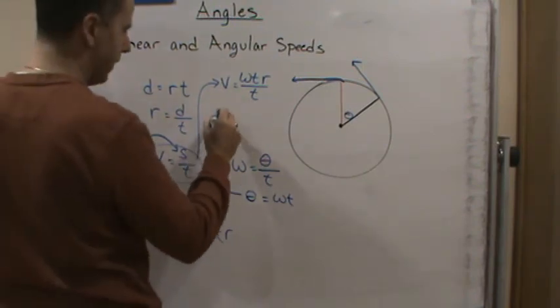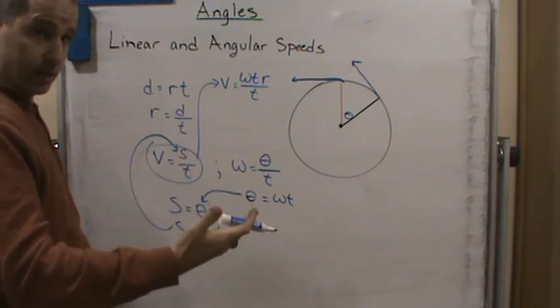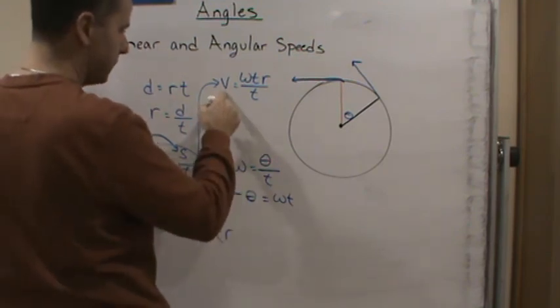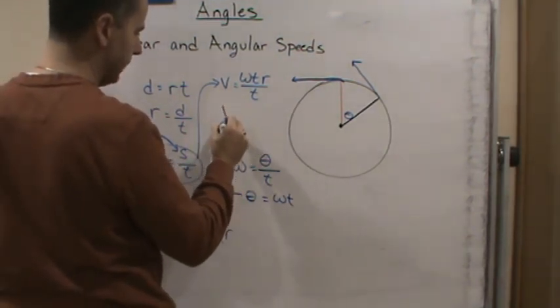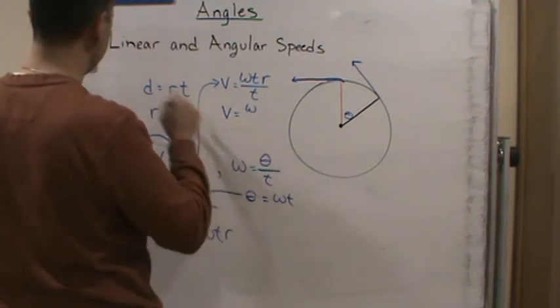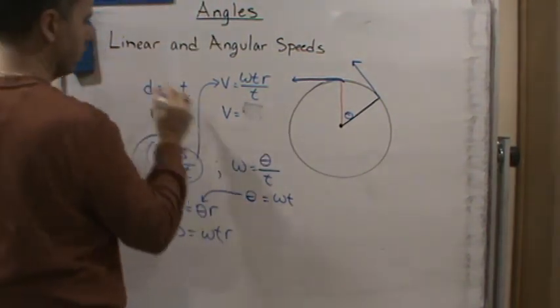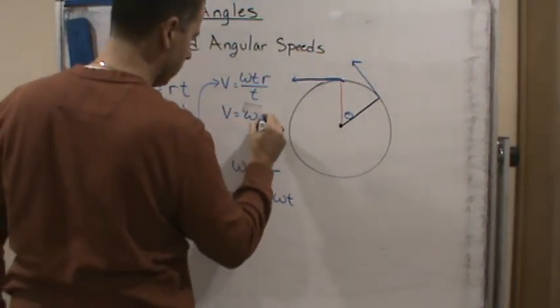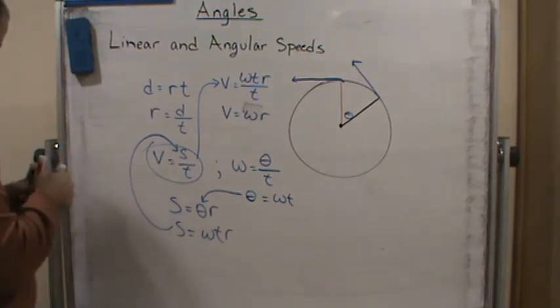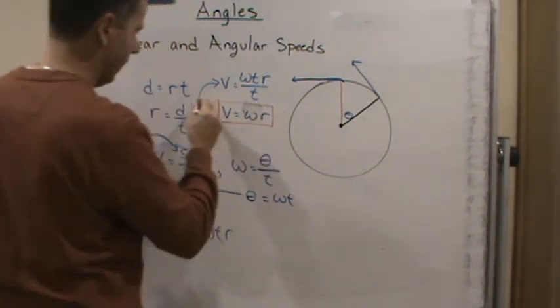Now I get my final result, a formula that relates linear speed to angular speed, and it's V is equal to omega r. And there we go.